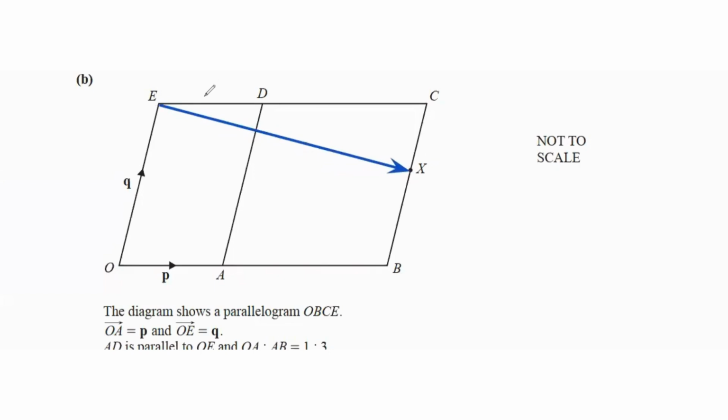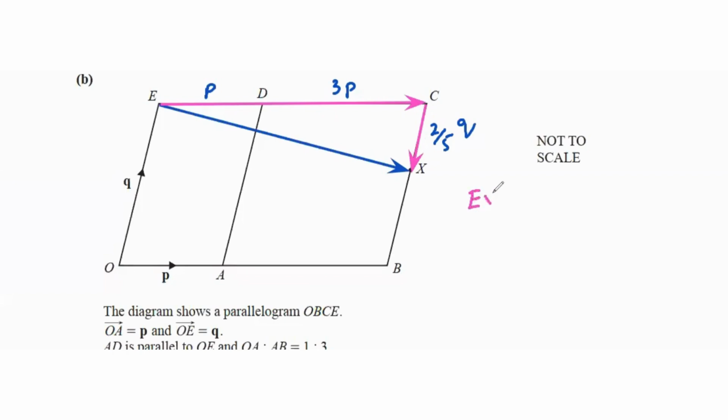Once again, we know this is P, this is 3P, and this is going to be 2/5 of Q. Because as we did earlier, this was 3, this was 2, the entire thing is 5, so 2/5 of Q. So the route over here is going to be EC plus CX.